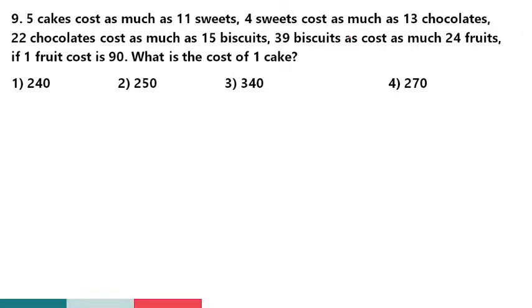5 cakes cost as much as 11 sweets, 4 sweets cost as much as 13 chocolates, 22 chocolates cost as much as 15 biscuits, 39 biscuits cost as much as 24 fruits. One fruit cost is 90 rupees. What is the cost of one cake? Very good question, guys.